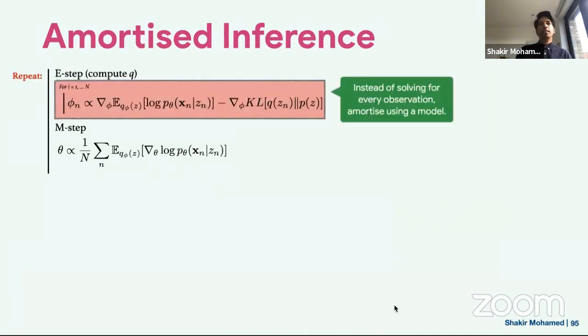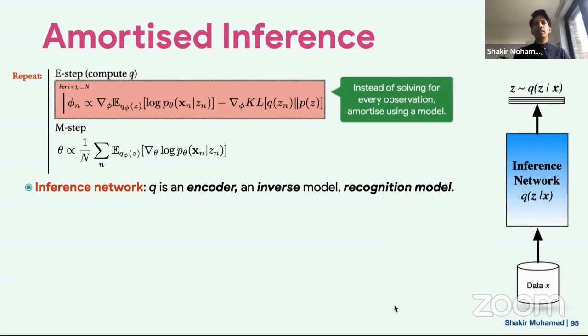I'm going to skip the idea of amortized inference, but the idea is just to say that in the EM algorithm, what we were doing is computing phi of n over a loop for all the data points n. So this is a bit inefficient. And the idea we wanted to pursue was, well, can we replace the loop over n with a new model that, if I give it z, will give me phi of n directly.